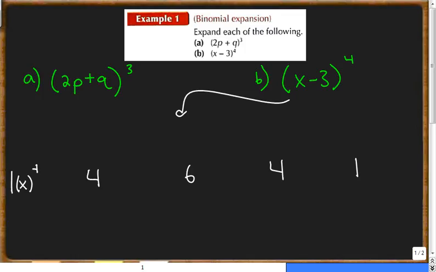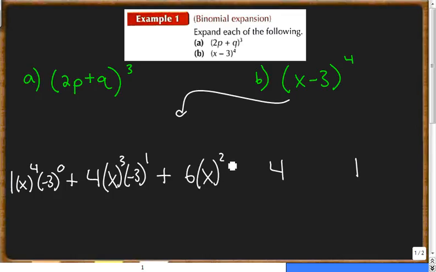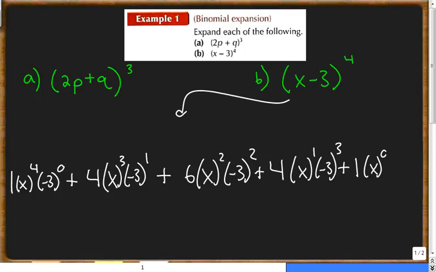So it gets 4, and then negative 3 gets 0 of them. And then 4, x gets cubed, and then negative 3 comes out once. And then we have x squared, and the negative 3 comes out twice. And then we have 4, just regular x to the first. The negative 3 gets cubed. And then finally, x gets zeros, and negative 3 gets to the fourth.